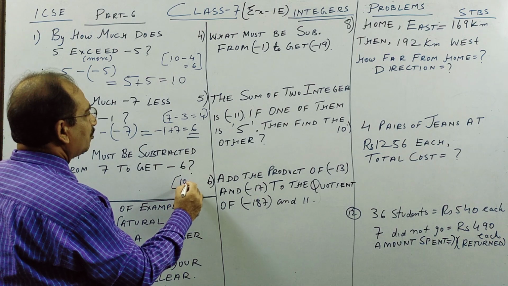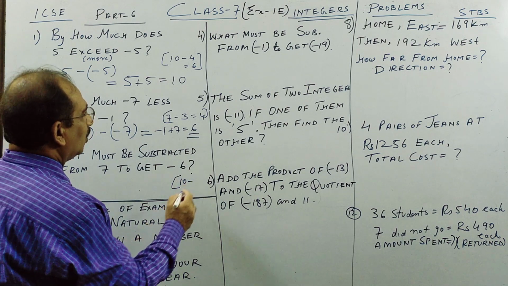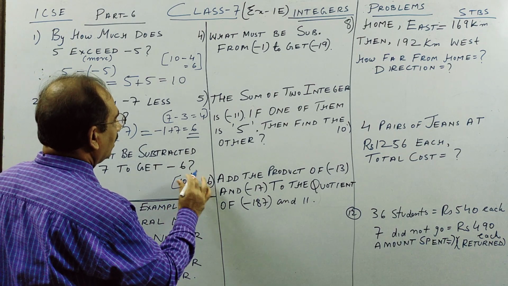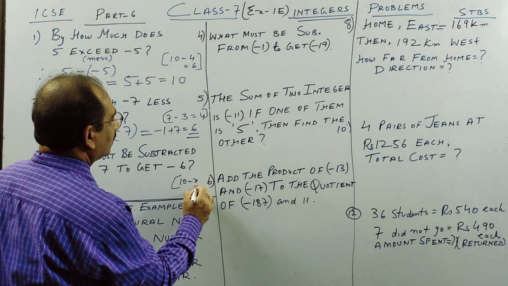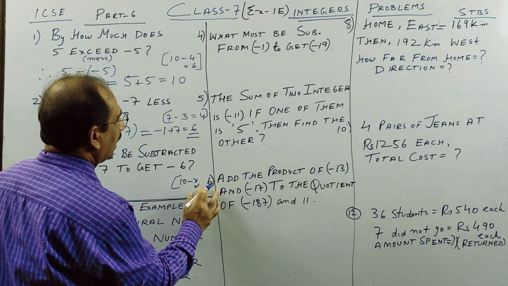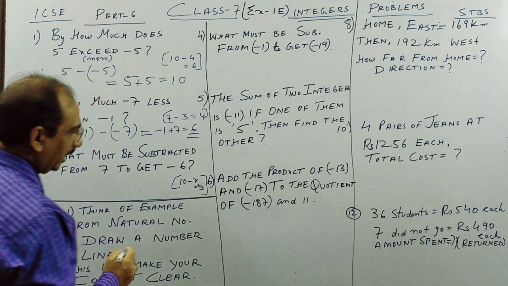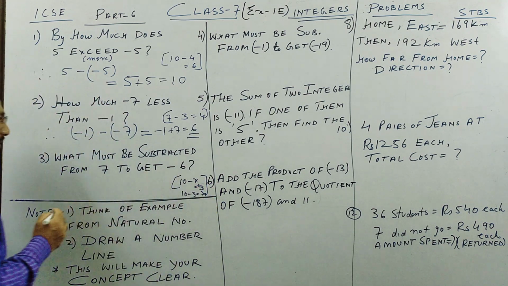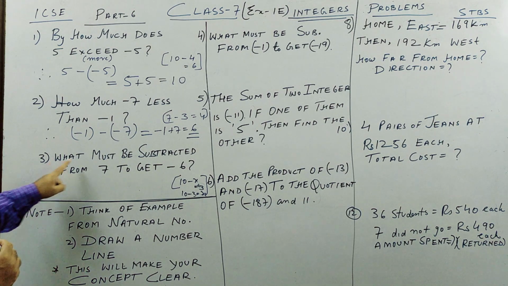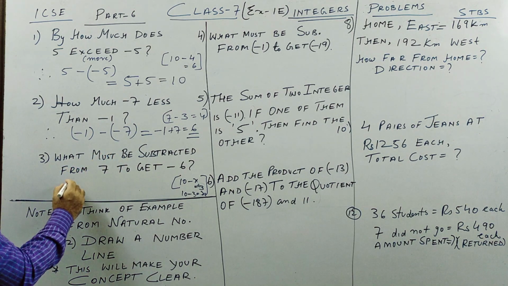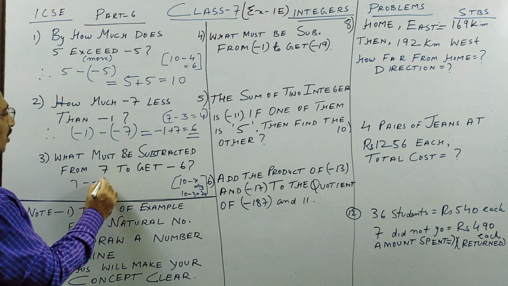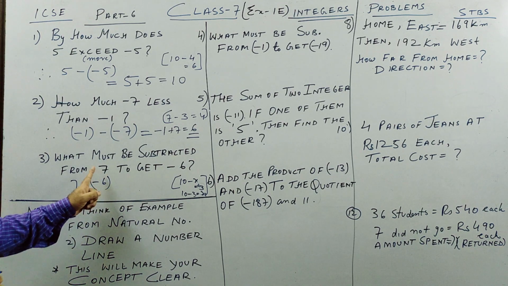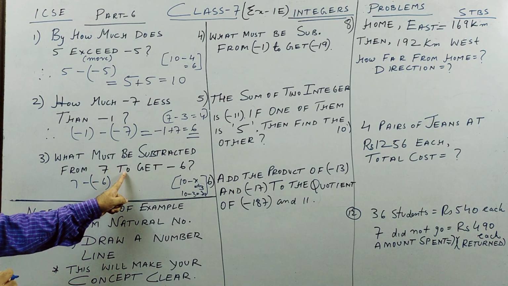What must be subtracted from 10 to get 3? Like that you can understand how much should be subtracted from 10 to get 3. Ultimately, you have to find how much should be subtracted from 7 to get minus 6. So this minus this you do.